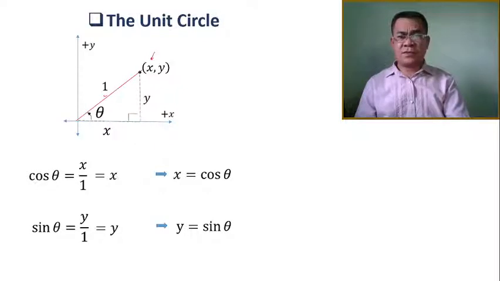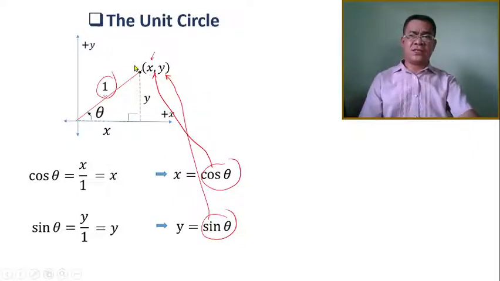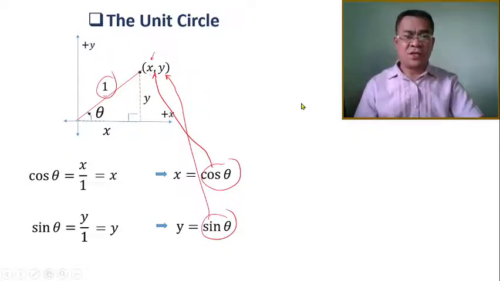Which means that, again, if this is 1 unit, then the x in this abscissa is just equal to the cosine of theta, while your y value is equal to the sine of theta. This is the principle of a unit circle.